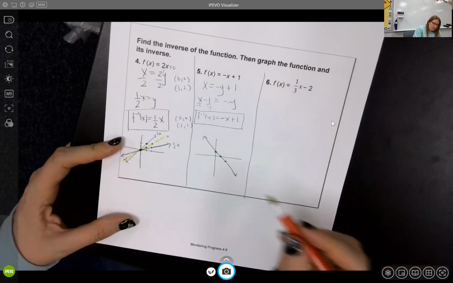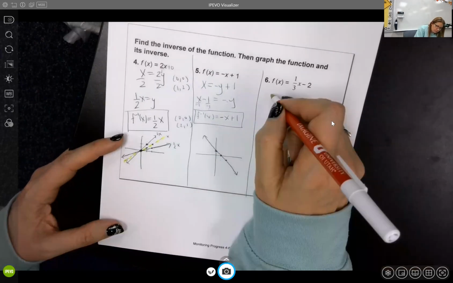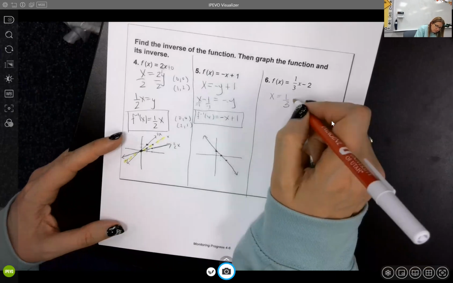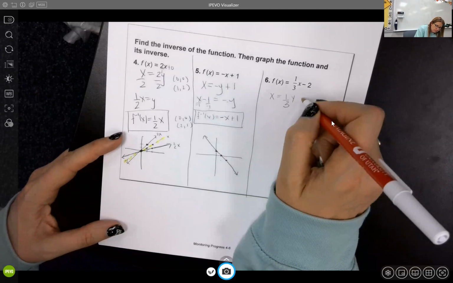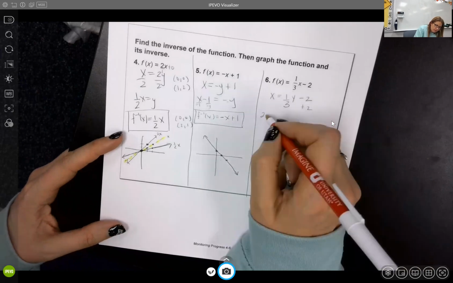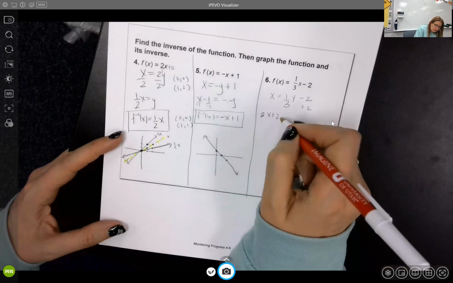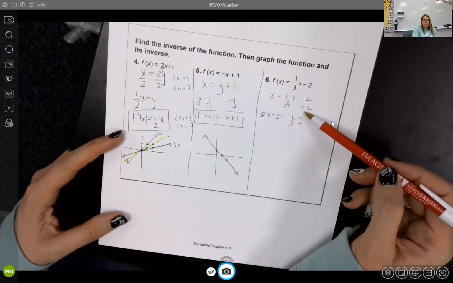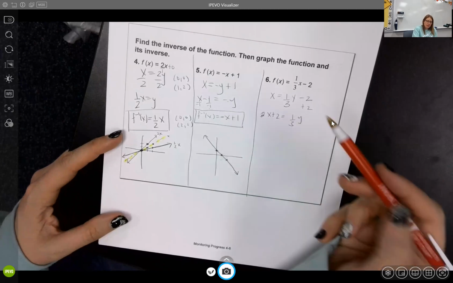All right, number 6. Let's add the 2. Okay, so right here I have 1/3 y, and I need to get rid of this 3 in the bottom.